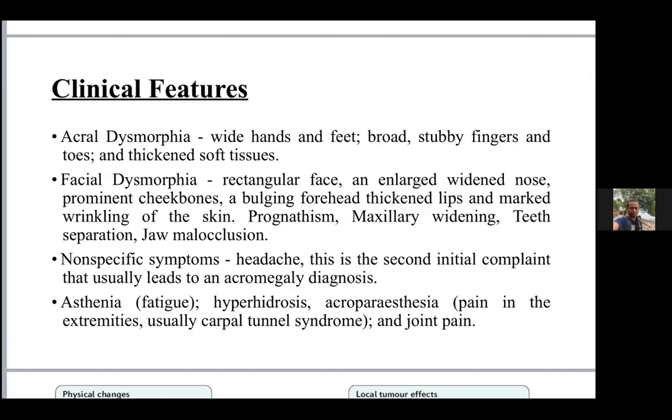acral dysmorphia or acromegaly. Facial dysmorphia. Multiple changes happen in the face in acromegaly. First and foremost, when you look at the face of such a patient, it's very classic. You can't afford to miss it.